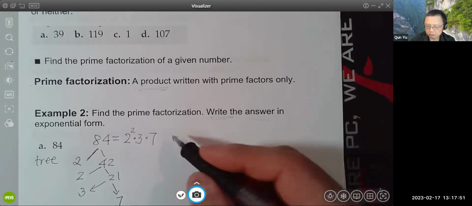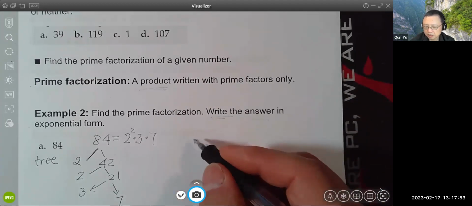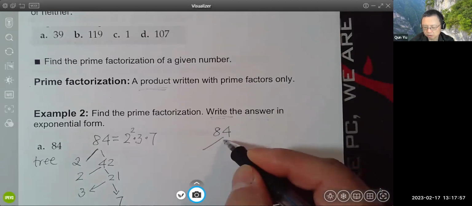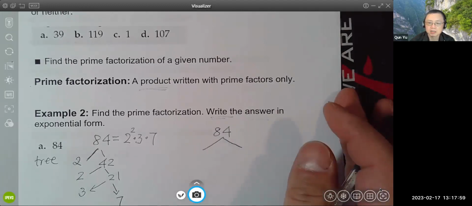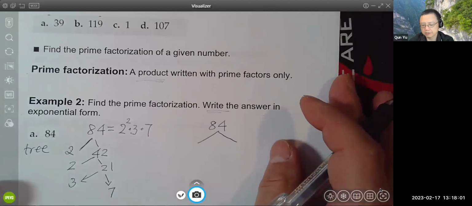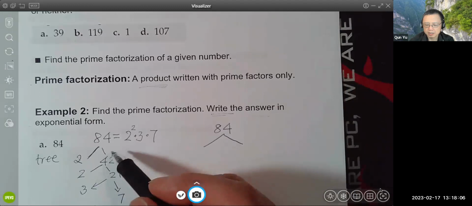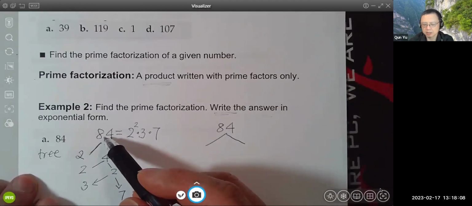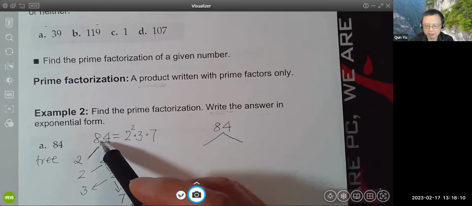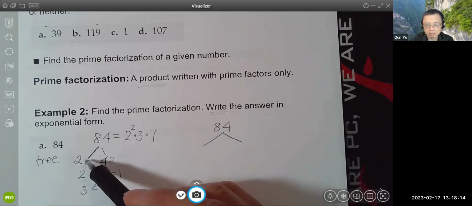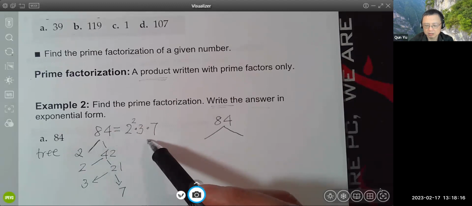Now, the second way to do that is this. I still start with the original number, still using the tree method. There's a theorem which says that a given composite number can be factored into a unique set of prime numbers. That means the answer we have here is unique.